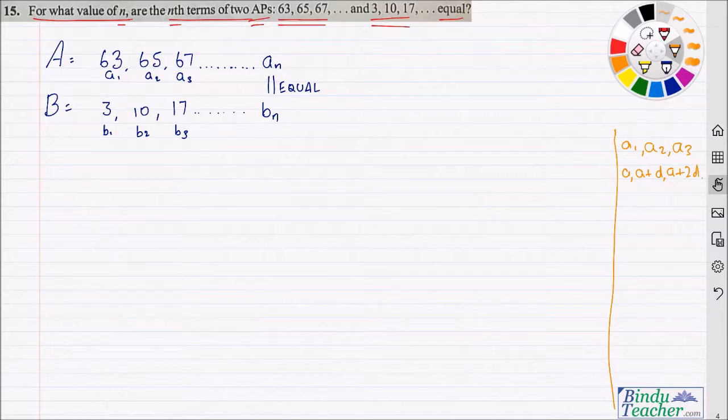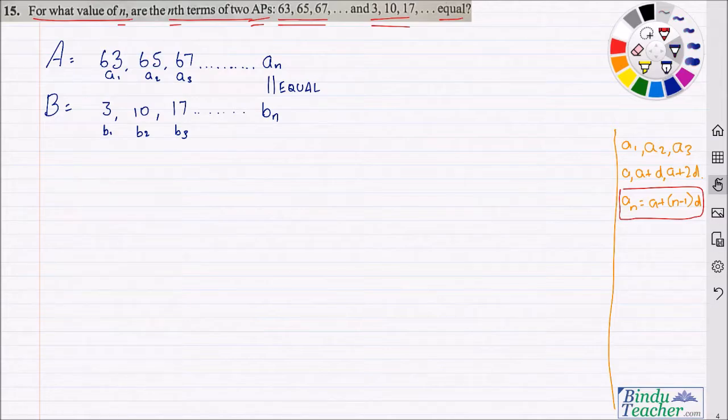Also, the nth term can be found by the formula A of n equals A plus n minus 1 into D. Okay, so let's use the last formula that we wrote here, A of n equal to A plus n minus 1 into D, to solve this problem.